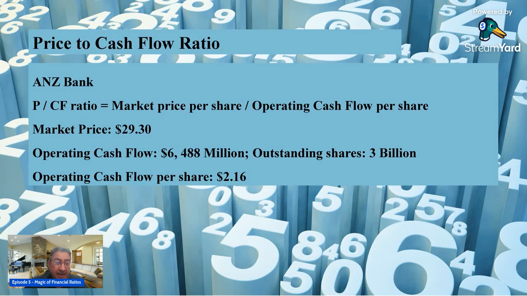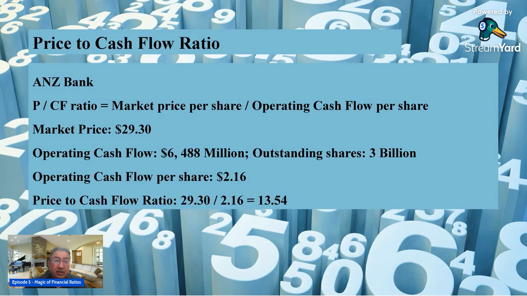The operating cash flow appears in the cash flow statement of each company's financial statement, appearing as net cash. Net cash includes depreciation and any other financial representation that is needed from a cash flow perspective. You should consider the net cash as the operating cash for an organization. So applying this formula gives a price to cash flow ratio of 13.54.